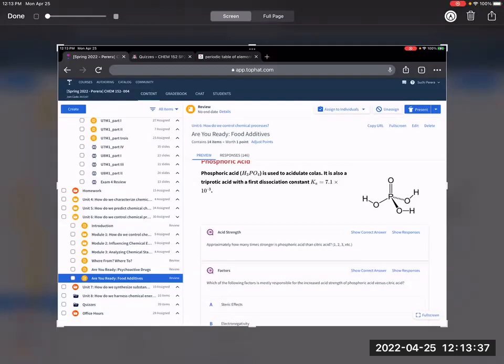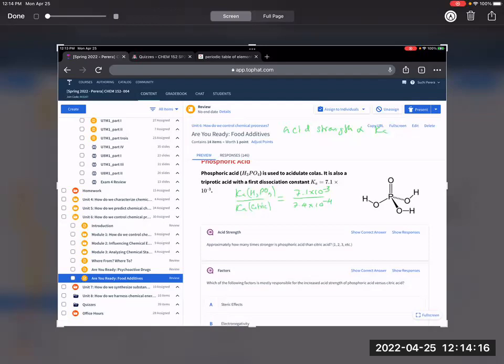Acid strength is directly proportional to the Ka value. Phosphoric acid is stronger, so the Ka of H3PO4 divided by the Ka of citric acid is 7.1 times 10 to the power of minus 3 divided by 7.4 times 10 to the power of minus 4.